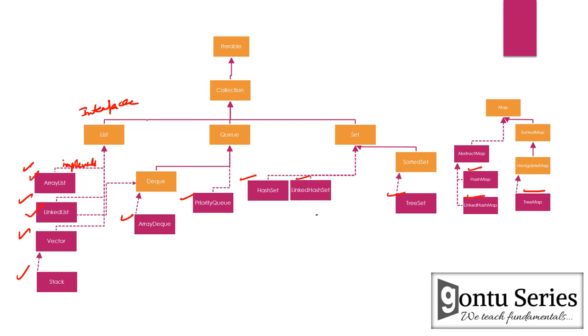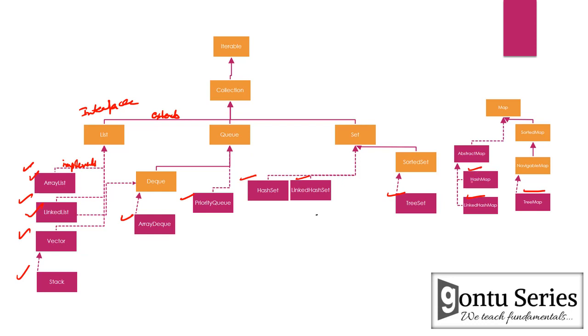And wherever you see a full line which is not dotted, it means extends. The List interface is extending the Collection interface, which is possible. Collection interface is extending the Iterable interface. Queue interface is extending Collection. Deque interface is extending Queue. ArrayDeque is implementing Deque.